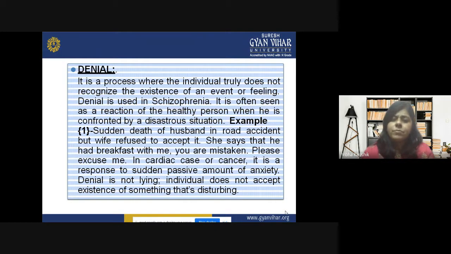Means the husband has got into a road accident, but his wife is refusing to accept that her husband has died in a road accident. She says that he had breakfast with me.